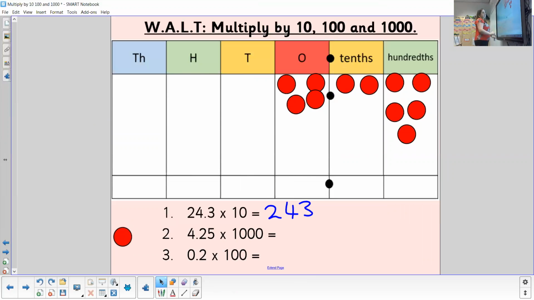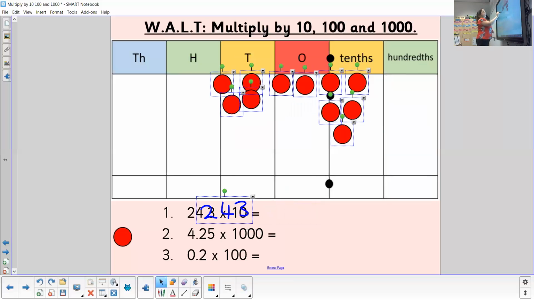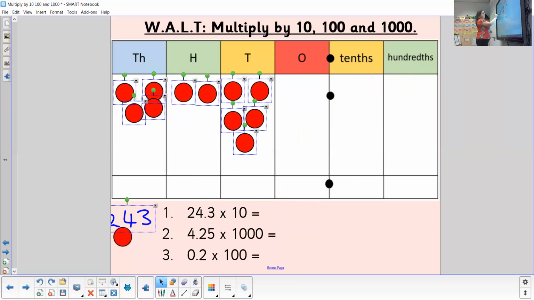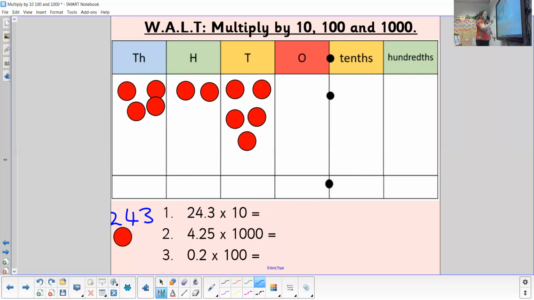So I'm going to move them 3 spaces for my 3 zeros. 1, 2, 3. Taking the answer with me. So I've got 4,000, 200s, 5 tens, and 0 ones. Answer is 4,250.